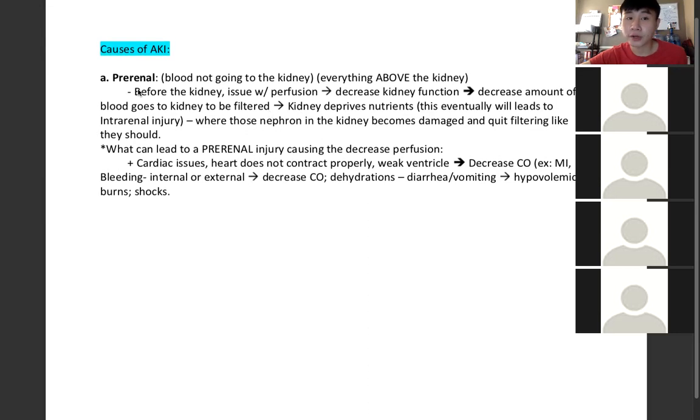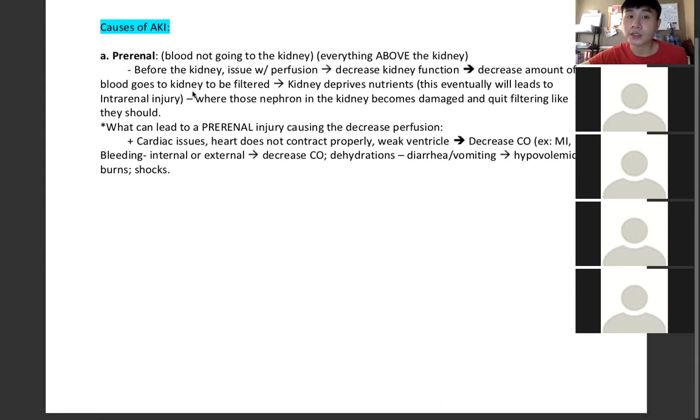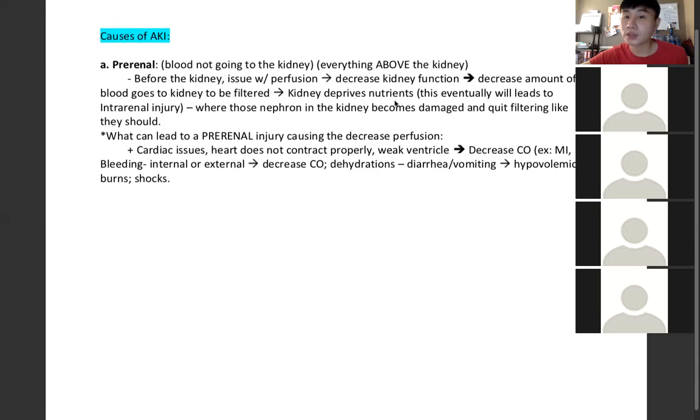So pre-renal basically is low kidney perfusion. The kidney doesn't get the blood or the oxygenated blood that it's supposed to get, and therefore it leads to acute kidney injury. So before the kidney, these are issues with perfusion, decreased kidney function, decreased amount of blood goes to the kidney to be filtered, leads to kidney deprived of nutrients.